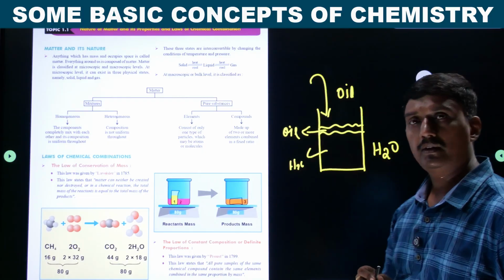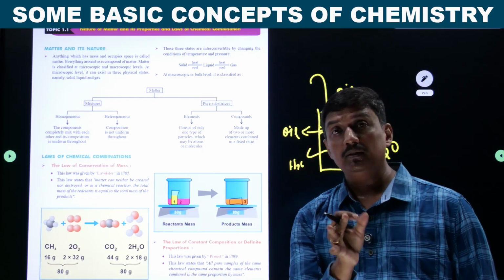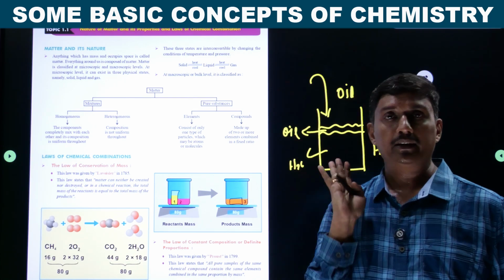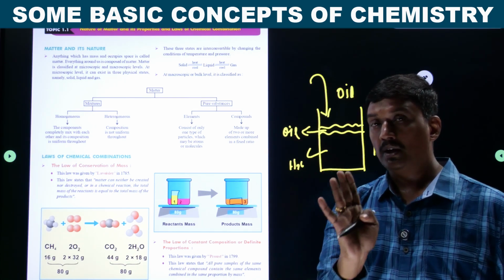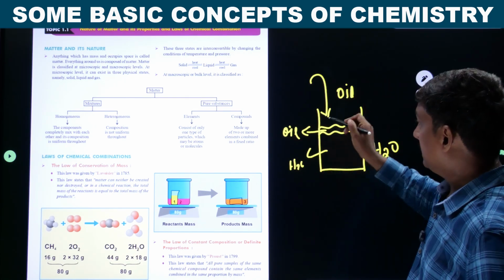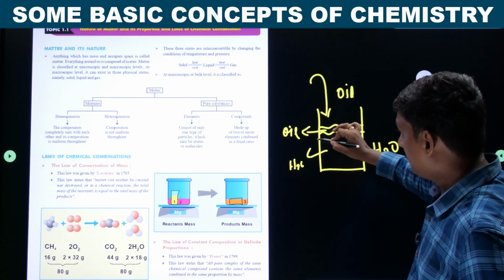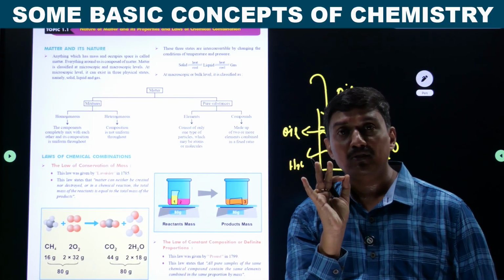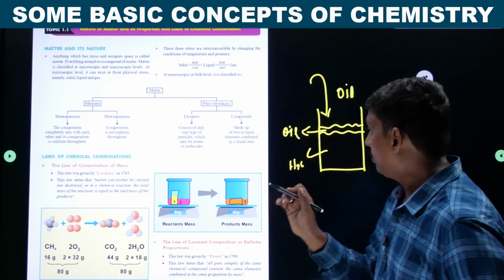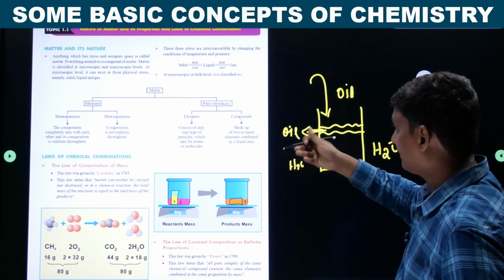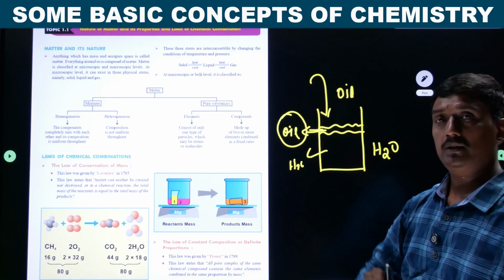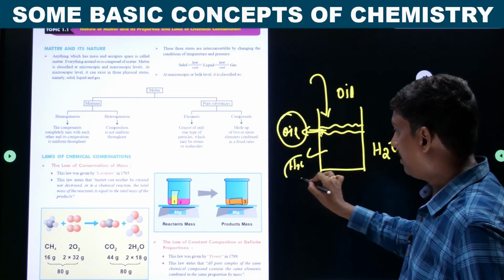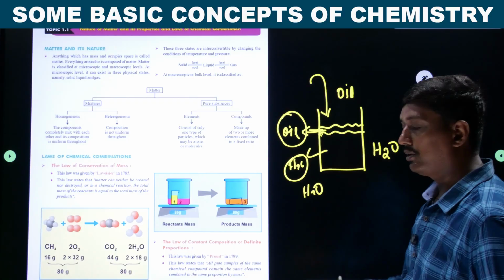It gets separated. It is not a pure substance because you have two components, one is oil, another is water. It is a mixture, but the difference is that here the oil is separated from the water. It is not mixed uniformly. At the top, if you take a sample, you find only oil. In the middle, oil and water components. At the bottom, you get only water.